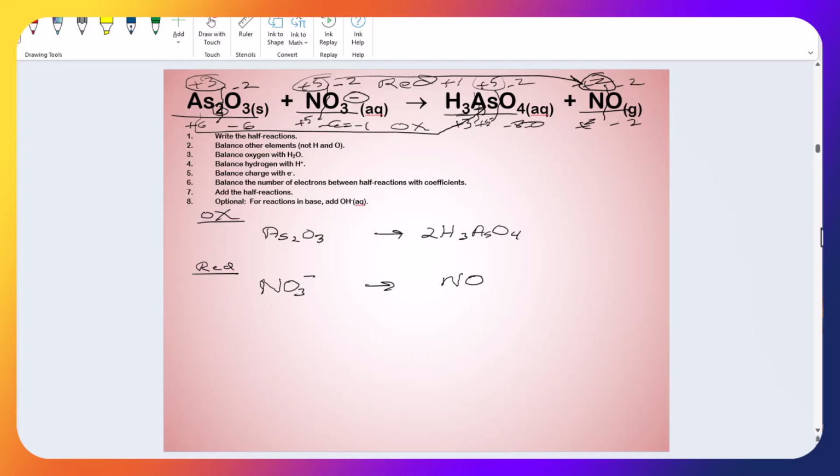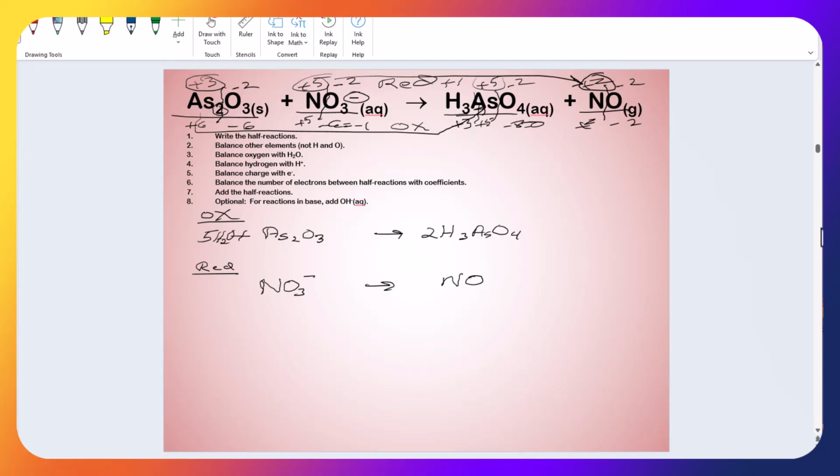We balance oxygen by adding water to the side that's deficient in oxygen. I have 3 oxygens on the reactant side. I have 2 times 4, which is 8 oxygens on the product side. And so in order to get 8 oxygens on the reactant side, I have to add 5 water molecules, H2O.